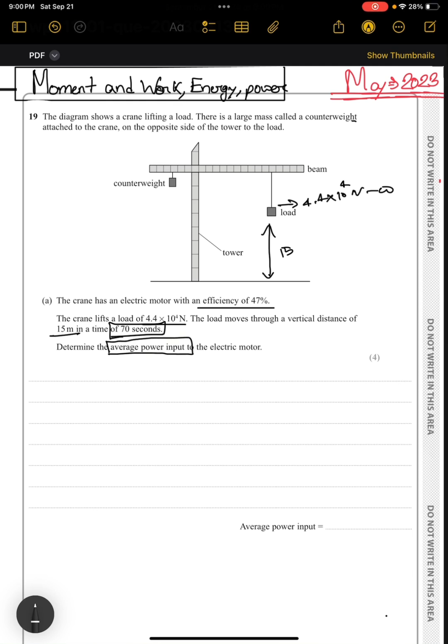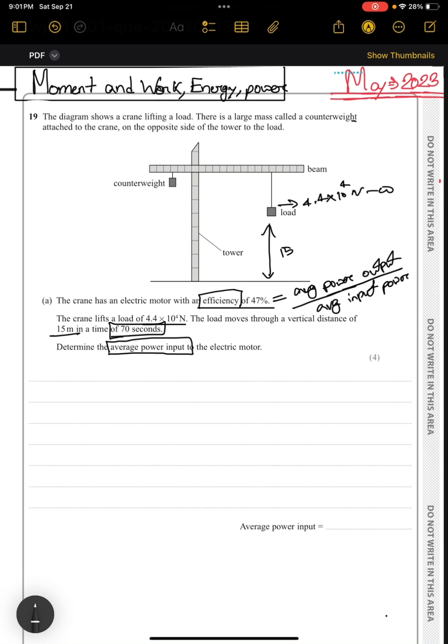As we all know, the formula of efficiency is average power output divided by the average input power, or you can say average power input. This is the formula of efficiency.